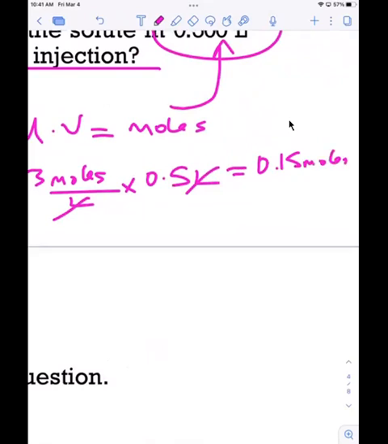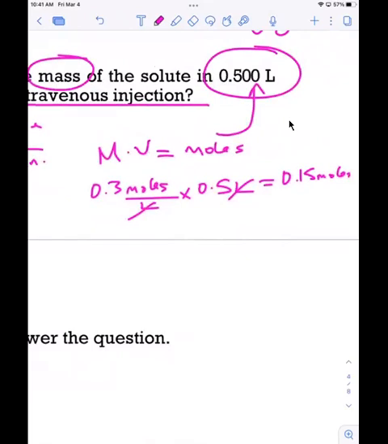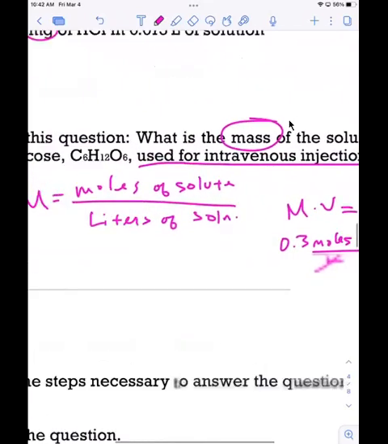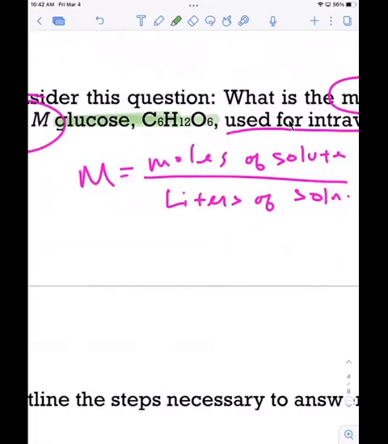All right, if we have moles and we want grams, what do we need? We're going to beat this dead horse to death. If we've got moles and we're trying to find grams, what do we need? The molar mass. And it told us that we're using glucose. So we need to take those subscripts and those atoms and turn them into a molar mass, right?